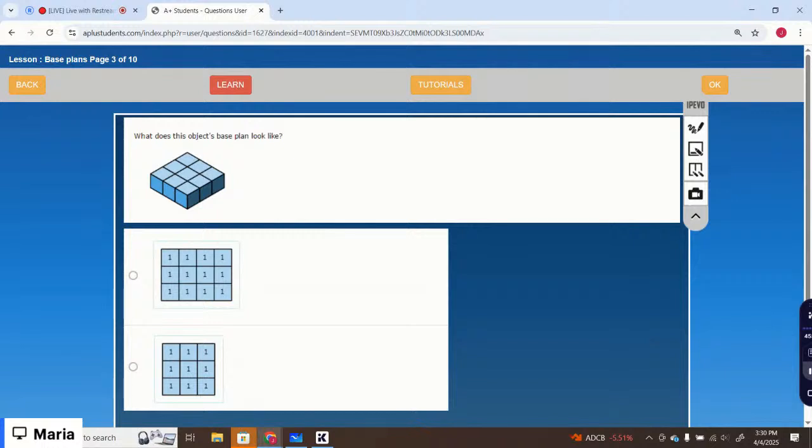What does this objects based plan look like? Option number 2 is the correct option.